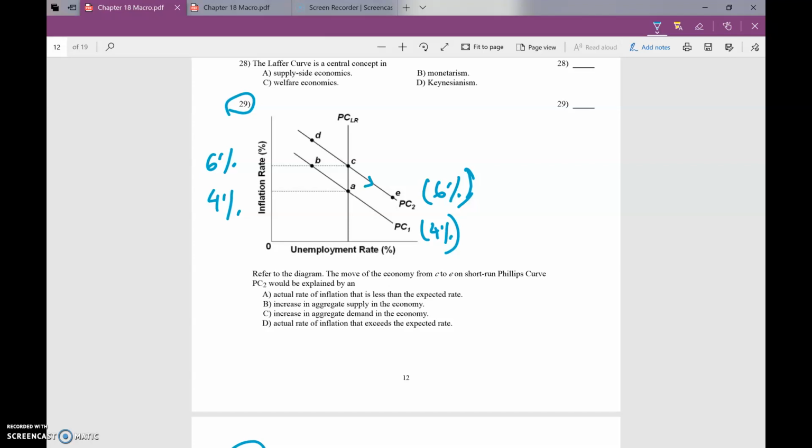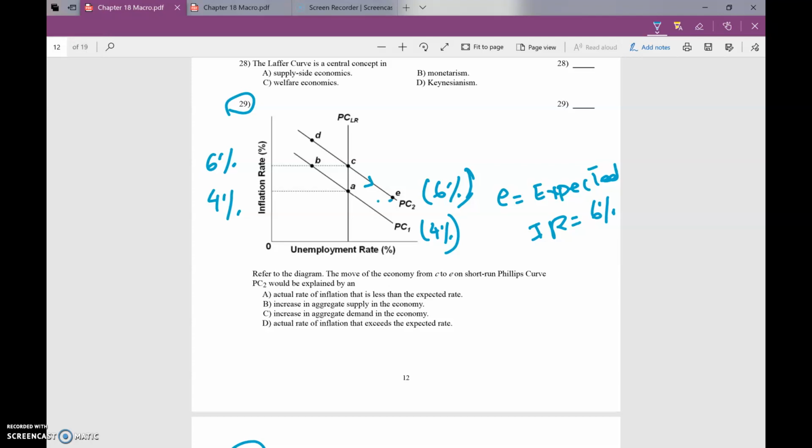Another thing to understand is that for every point on the short run Phillips curve, the expected inflation rate is the same. So at point E, the expected inflation rate is equal to 6% because this is on Phillips curve PC2 where the inflation rate is 6%.